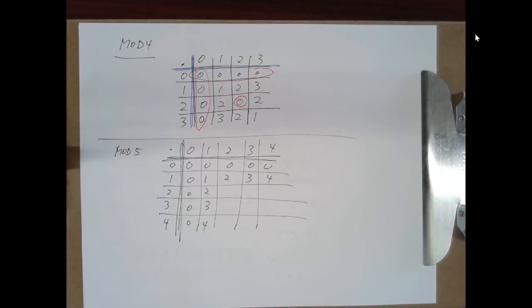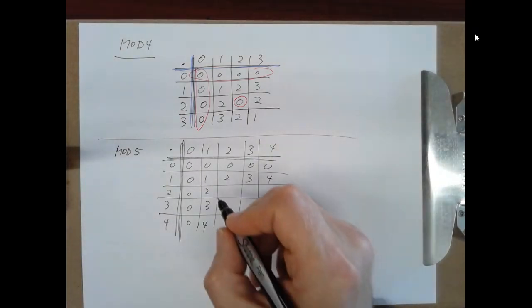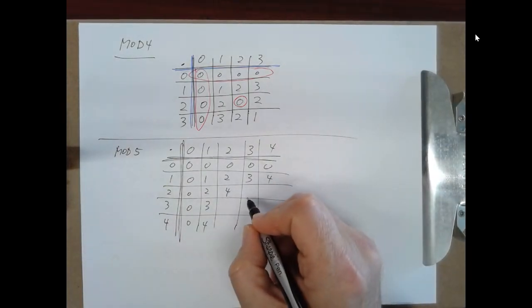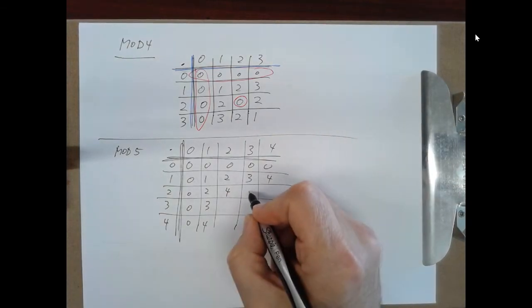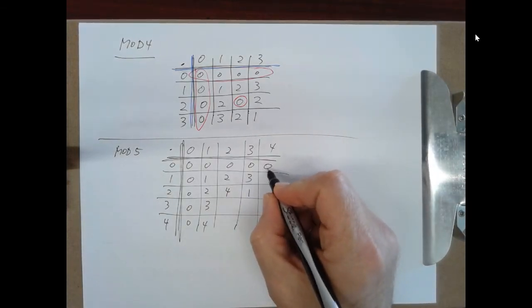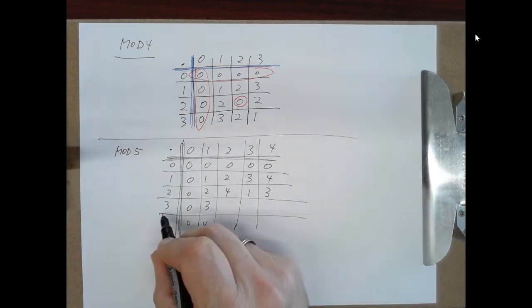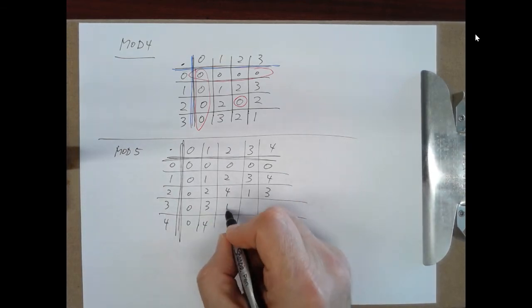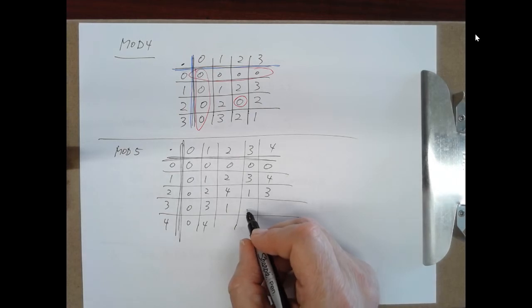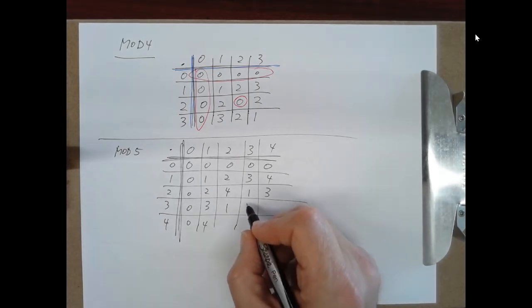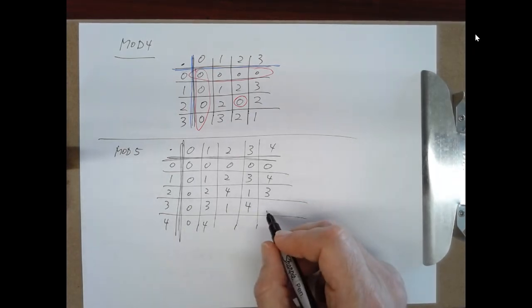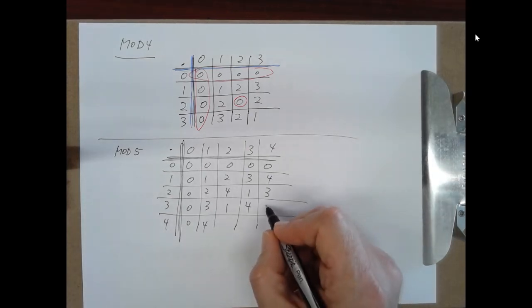All right, 2 times 2? 2 times 3? You said 1. 2 times 4? Yeah, 8, which is 3. 3 times 2, we already said was 1. 3 times 3? All right, 3 times 4. All right, 12, which is 2.